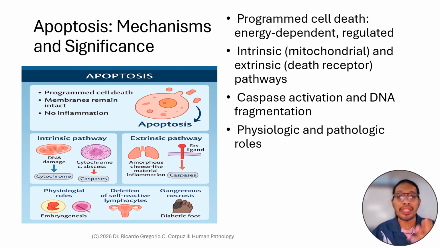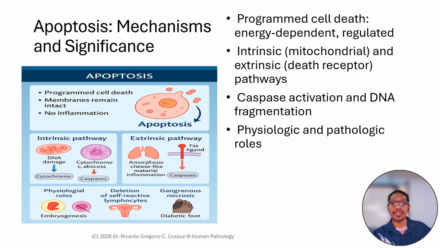However, apoptosis is not always beneficial. When it becomes dysregulated, it contributes to a wide range of diseases. Insufficient apoptosis allows damaged or mutated cells to survive, contributing to cancer and certain autoimmune disorders. Excessive apoptosis, on the other hand, plays a role in neurodegenerative disease, ischemic injury, and some viral infections.